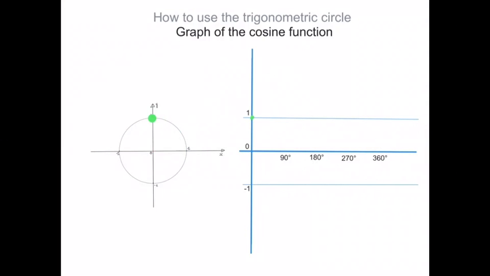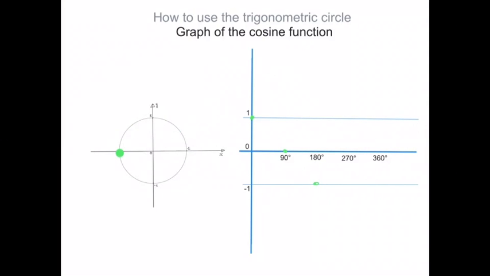So on the graph, at 90 degrees here, you see that the graph goes through 0. If this point continues to turn around the circle, when you reach 180 degrees, right here, you see that the x-coordinate is going to be -1, meaning that our graph is now going to go through the point with coordinates 180 and -1, right there.